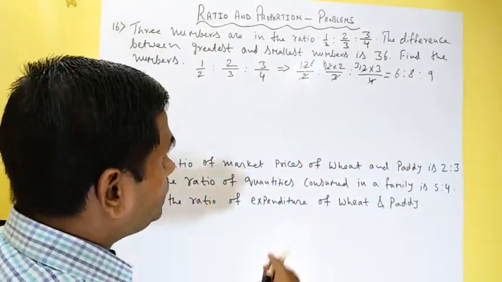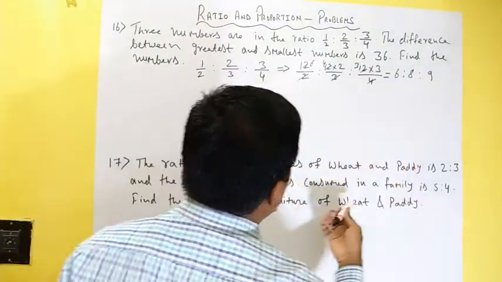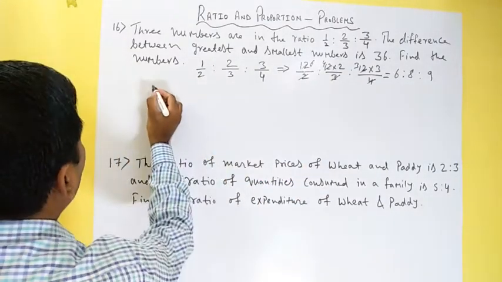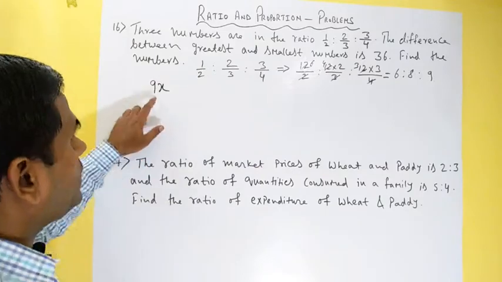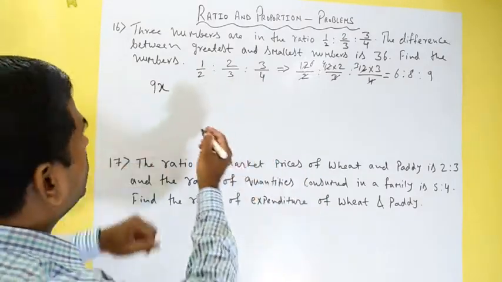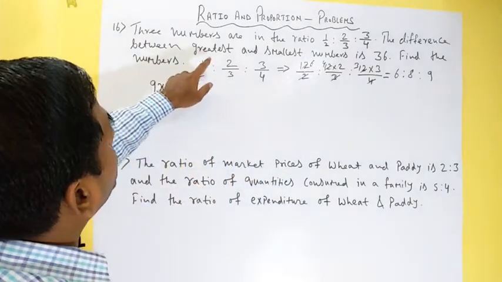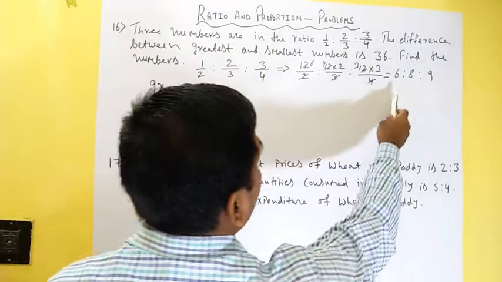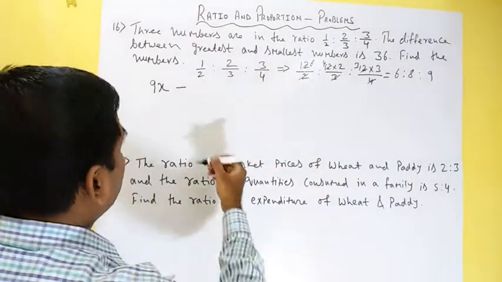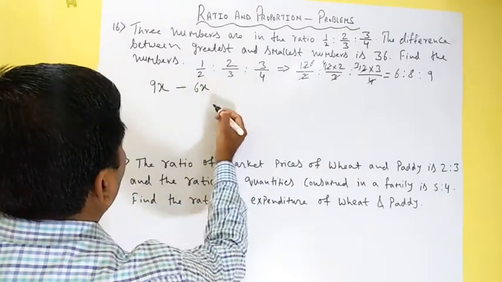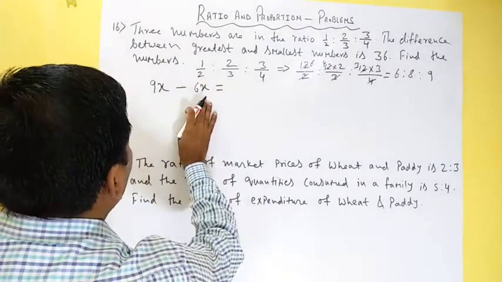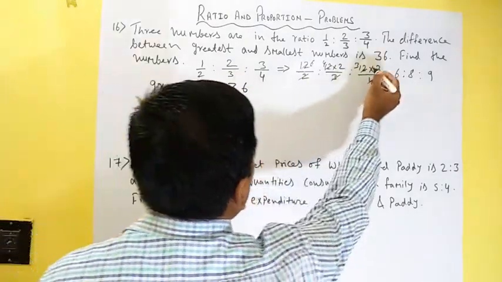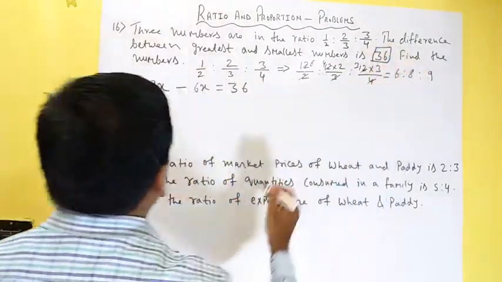So the greatest number is 9x, minus the smallest number, because difference means subtraction. The smallest ratio is 6, so 6x will be the smallest number. The difference between the greatest and the smallest is 36, as given over here.